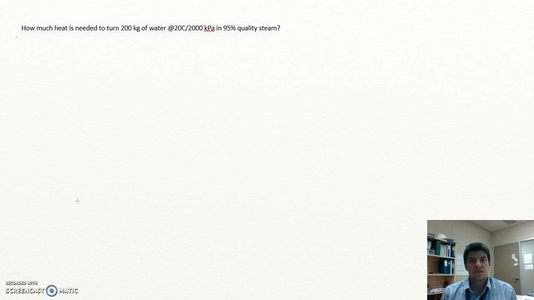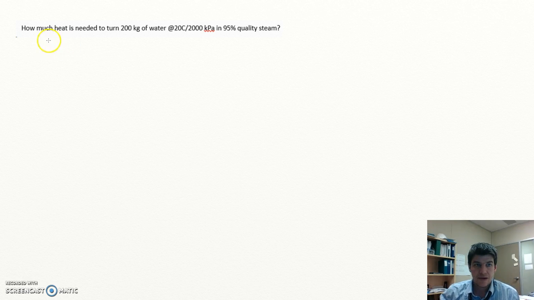Hi, I'm just going to solve one of the problems from our sheet we did in class, the First Law Open Systems handout. For our First Law Open Systems, what we saw was that for boilers, for the most part, are going to be operating under the assumption of constant pressure.